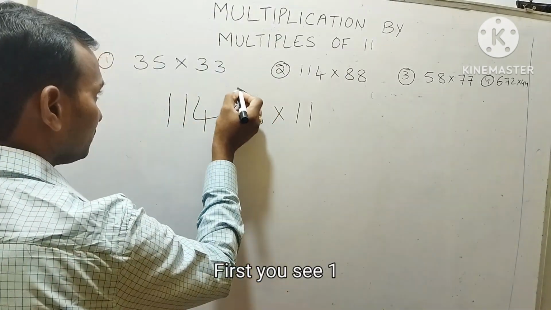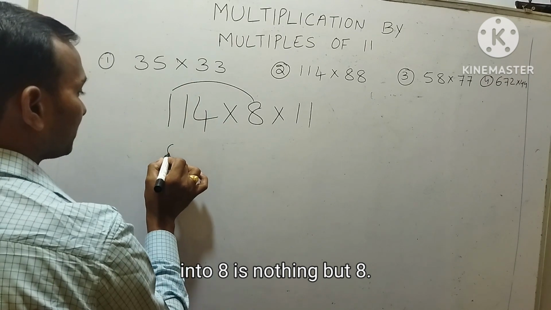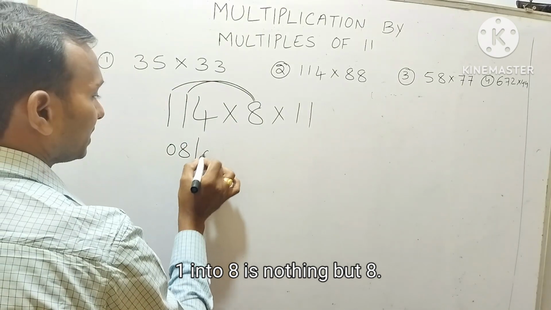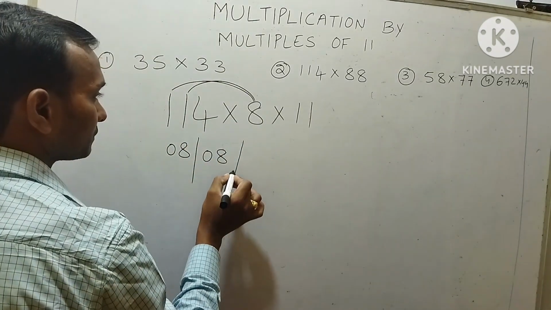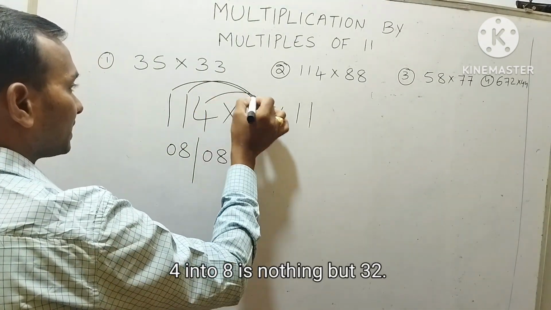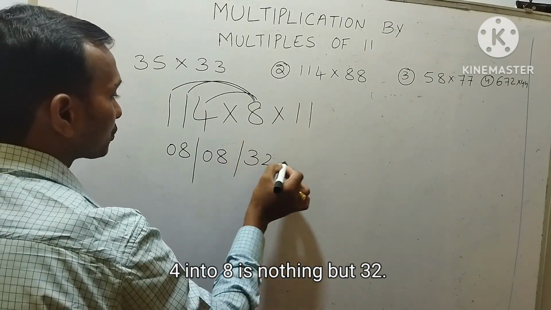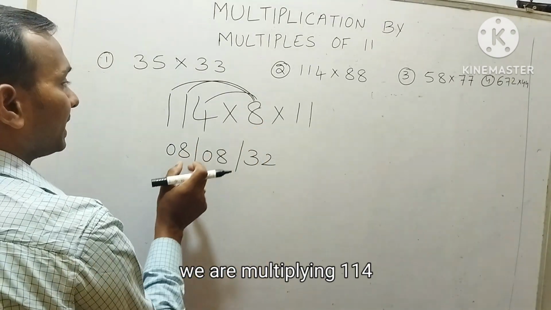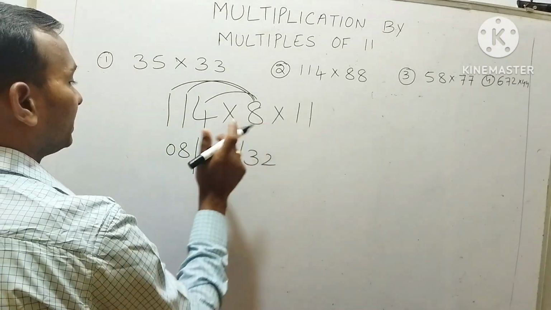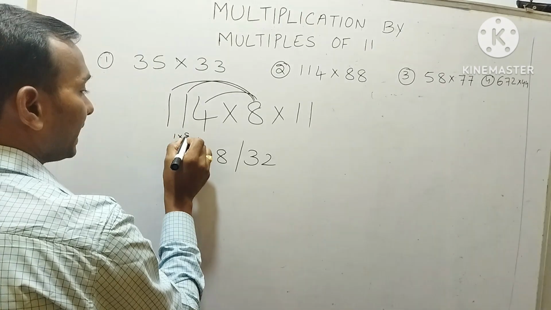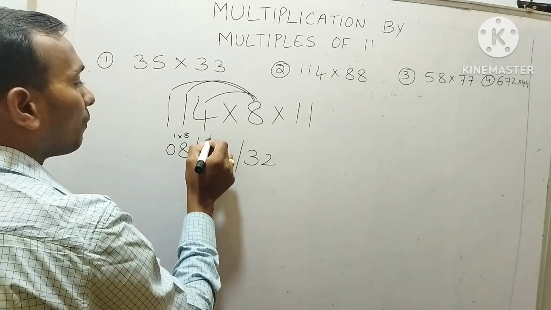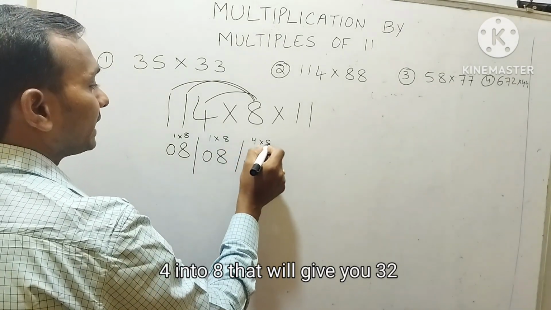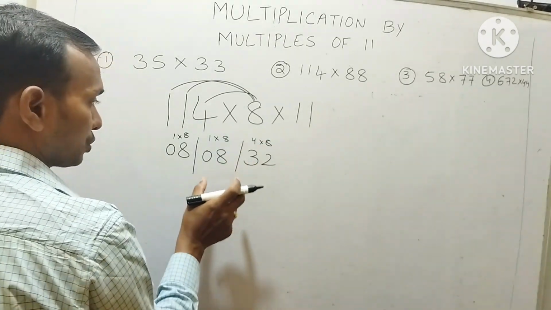First you see 1 into 8 is nothing but 8. 1 into 8 is nothing but 8. 4 into 8 is nothing but 32. So in the first step we are multiplying 114 with 8. 1 into 8 gives 8, 1 into 8 gives 8, 4 into 8 gives 32.